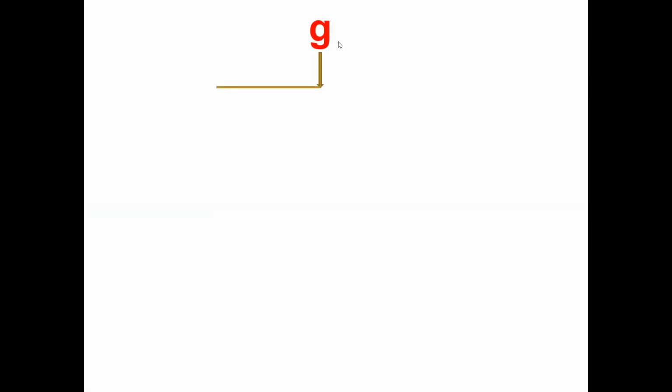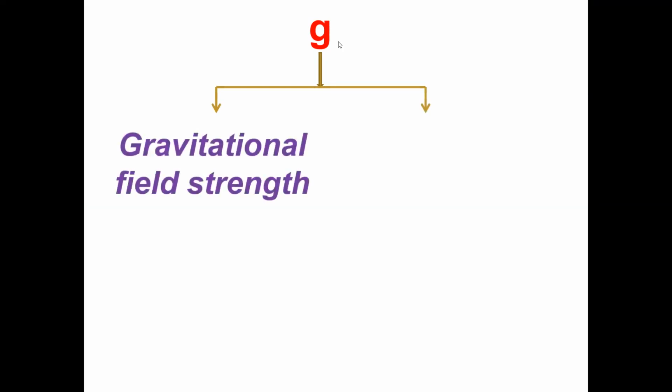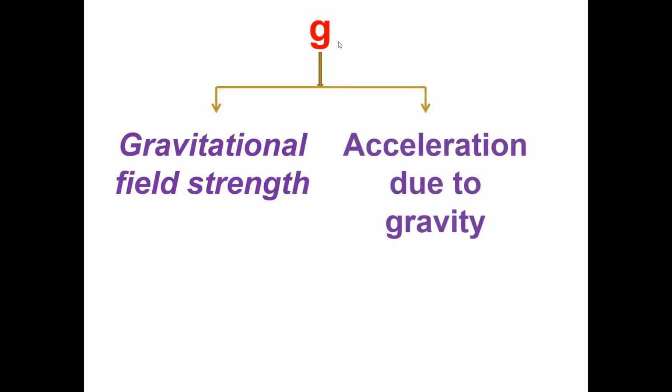In our physics, G has two possible translations. One is called gravitational acceleration, and the second is called gravitational field strength.